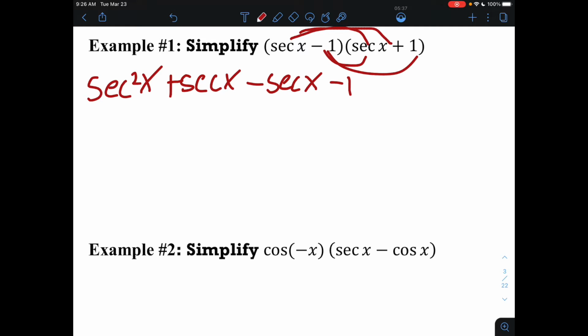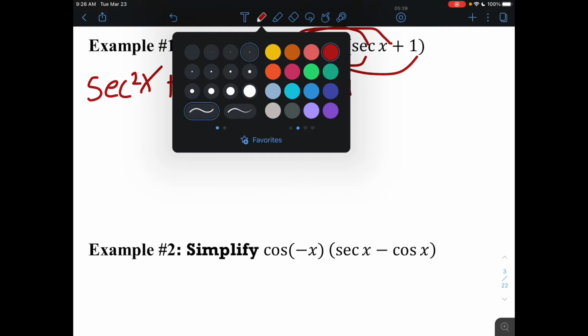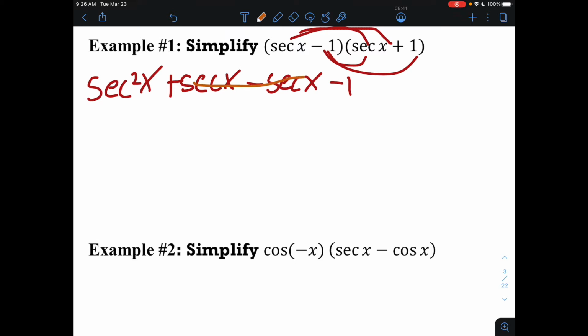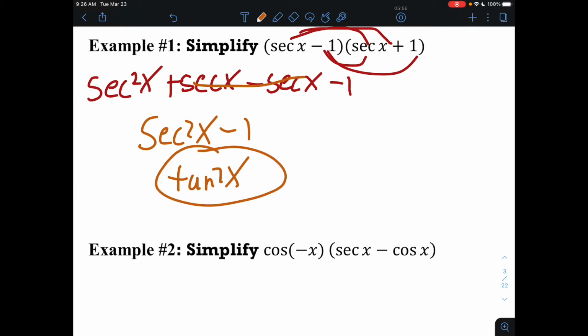Combine your like terms. So these two are going to cross out, and then we have secant squared minus 1. Secant squared minus 1 is equal to tangent squared of x. And that would be the most simplified version of this. So we're done. That is the final answer.